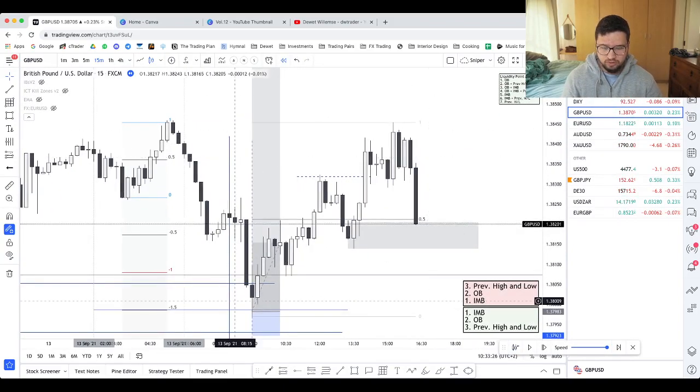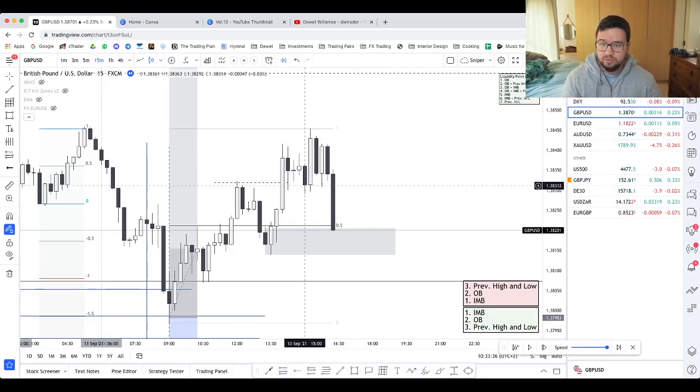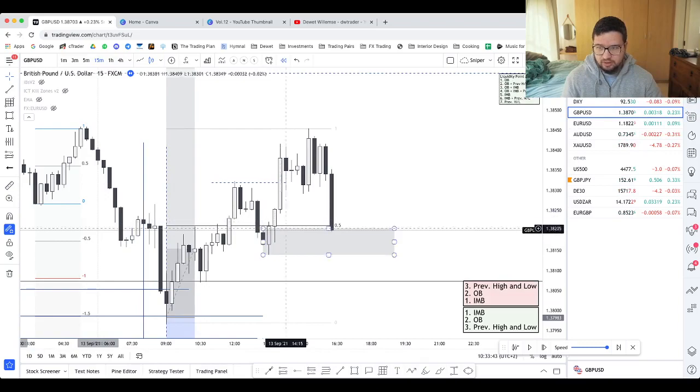That would have been your most recent swing. Within the swing, you still need to apply imbalance, order block, old high, old low. Within the discount, where's the discount? This is in the premium. We're not interested in that little bit of imbalance over there, because that's in the premium.